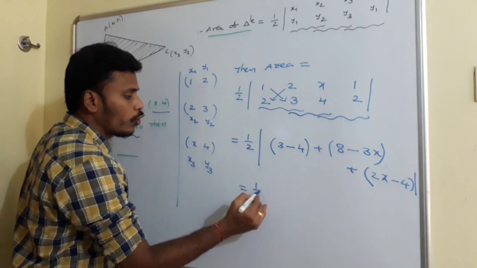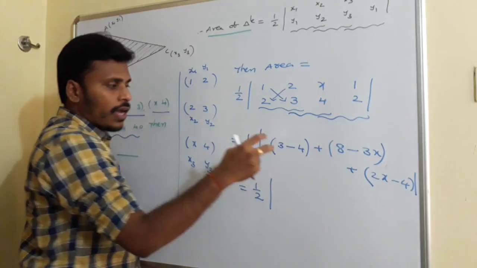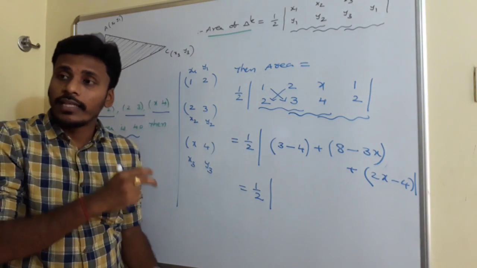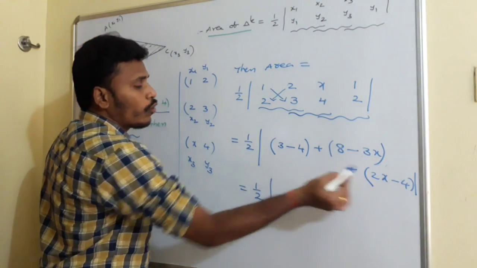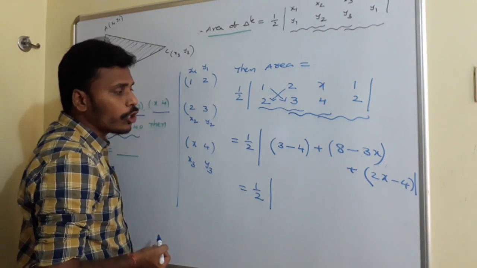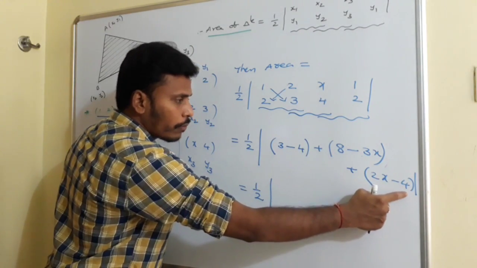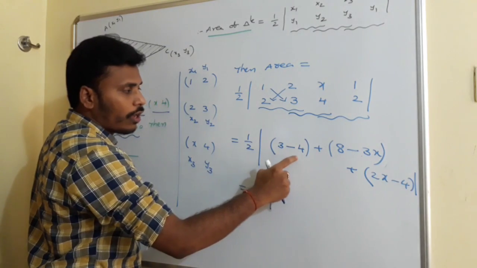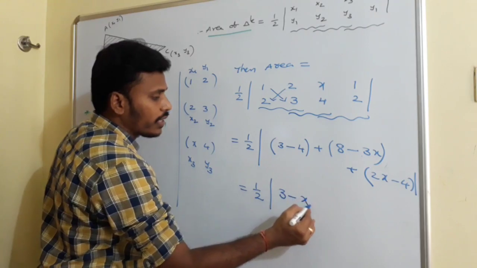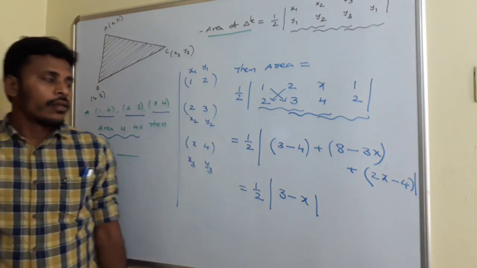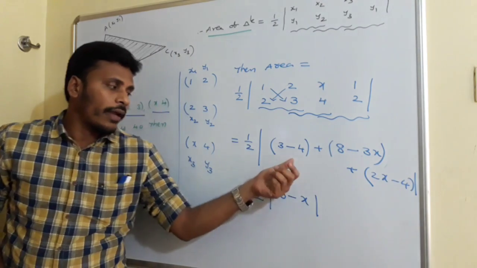And on simplification, you will get half of, see, you need to simplify this. Collect the values of x as well as the numerical parts. Minus 3x and 2x is minus x, whereas coming to the numerical part, 8 minus 4 is 4, and minus 1 is 3.